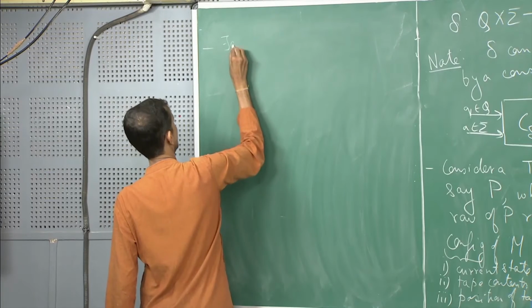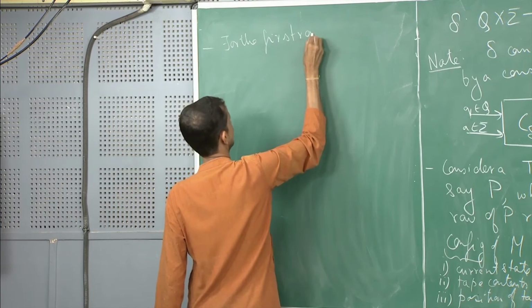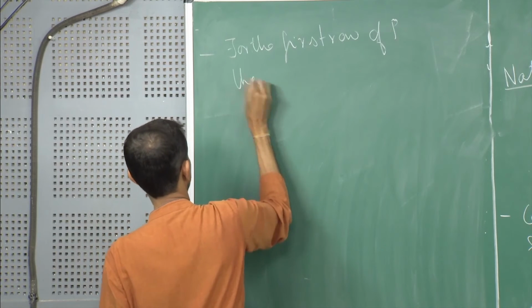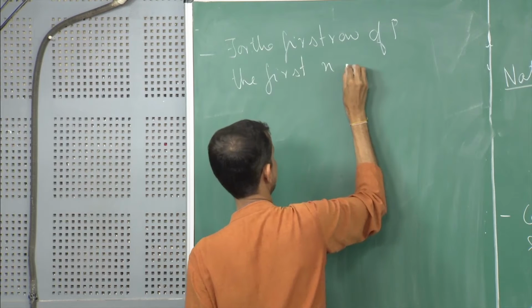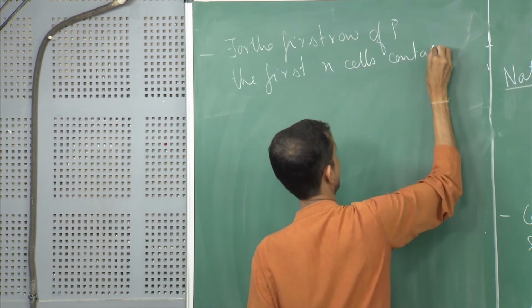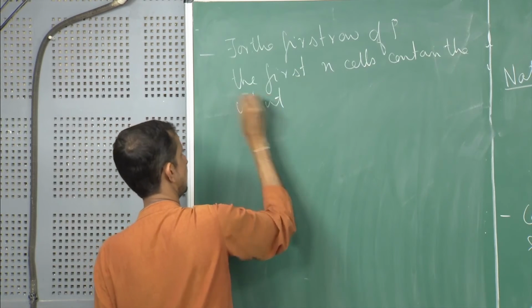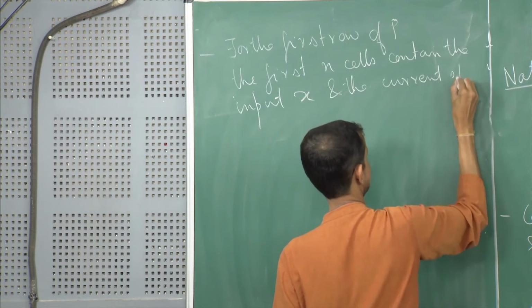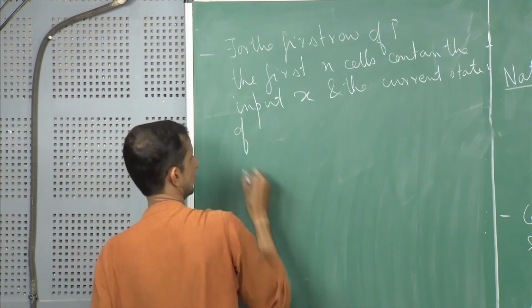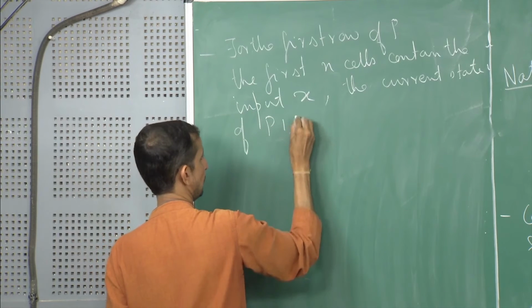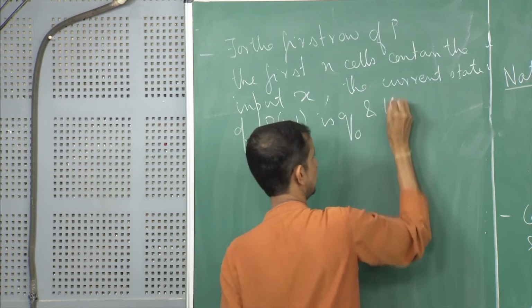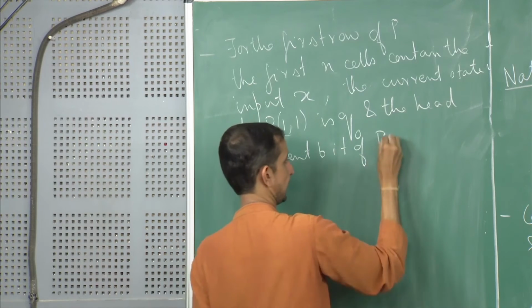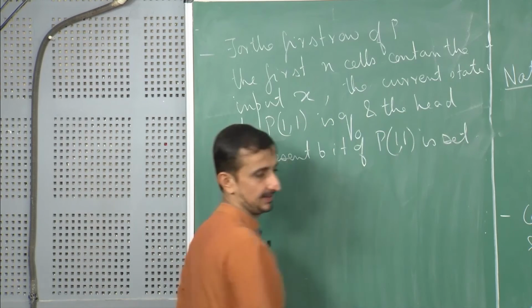So, for the first row of P, the first n cells contain the input x and the current state of P 1 1 is q0 and the head present bit of P 1 comma 1 is set, everything else is set to false.